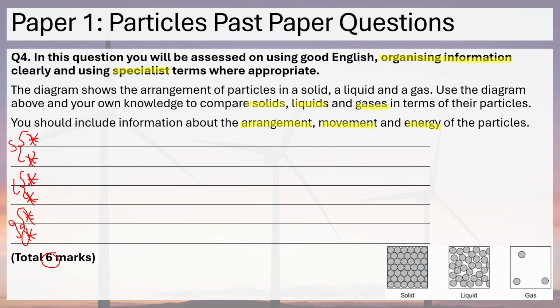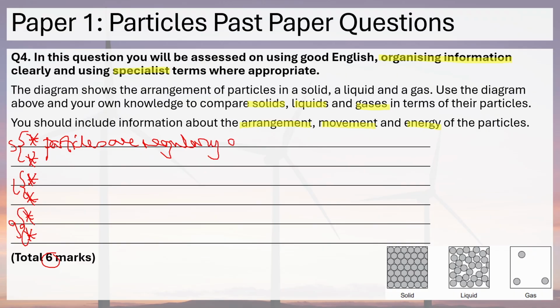So here's the sort of thing I might write. I could include something about the fact that the particles in a solid, and again, I'd write in a solid here rather than just putting S at the beginning, so it's very, very clear. So particles in a solid, I could say, are regularly arranged.